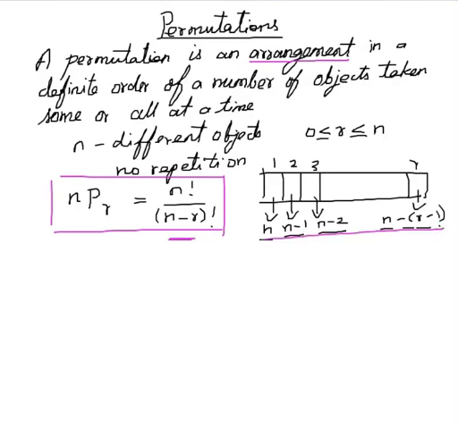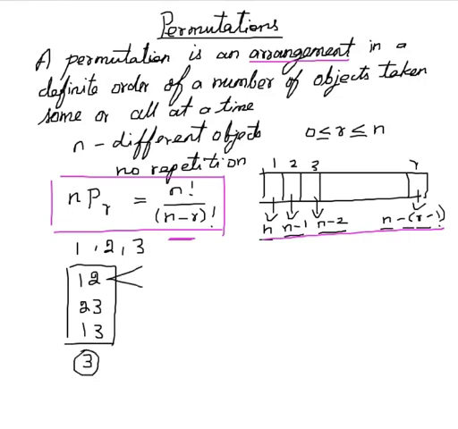For example, if we have 3 digits, 1, 2, 3, say, we have to select any 2 digits and arrange them. For example, I can select 1 and 2, or 2 and 3, or I may select 1 and 3. This is only selection. So we have 3 combinations. Each combination has 2 ways of arrangement.